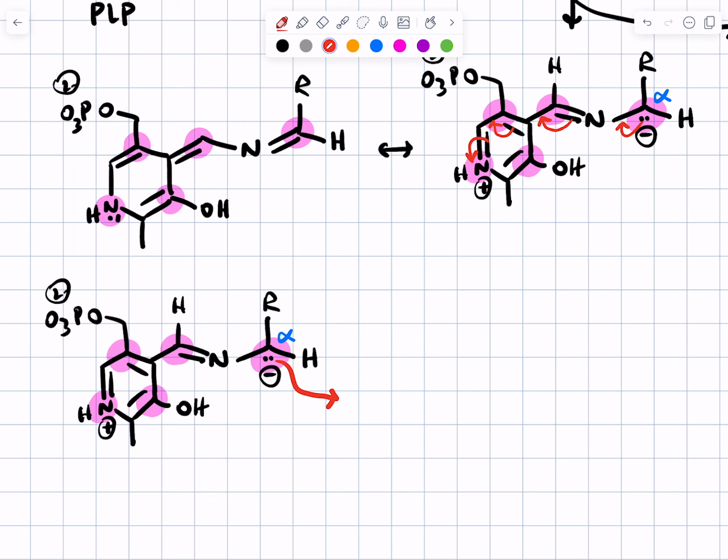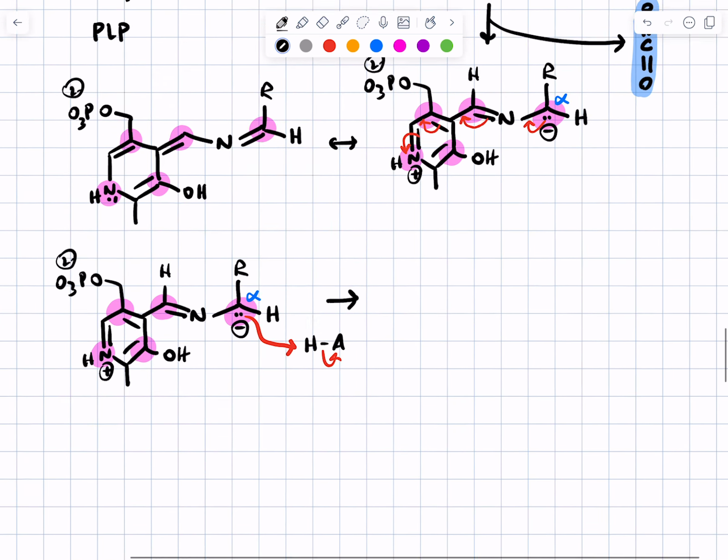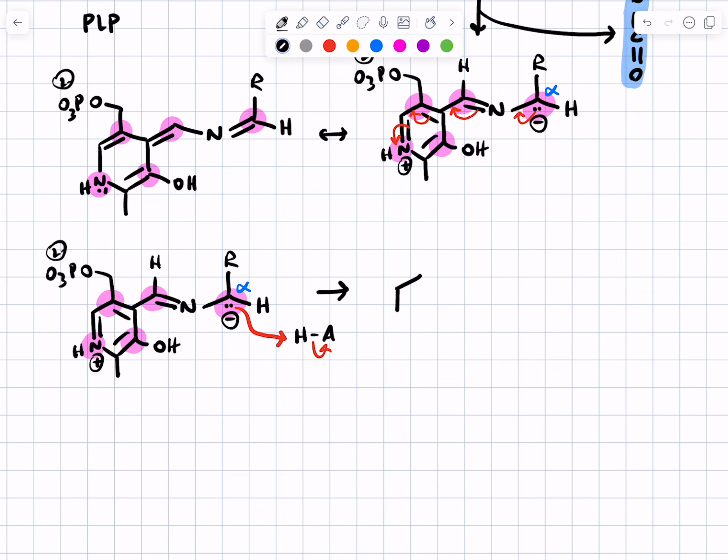We're going to protonate on that blue alpha carbon. Either a group from the enzyme or solvent does this. At that stage, we will have the following molecule. Again, it's a pain to draw all of PLP, but you really need it all to see how the reaction works.